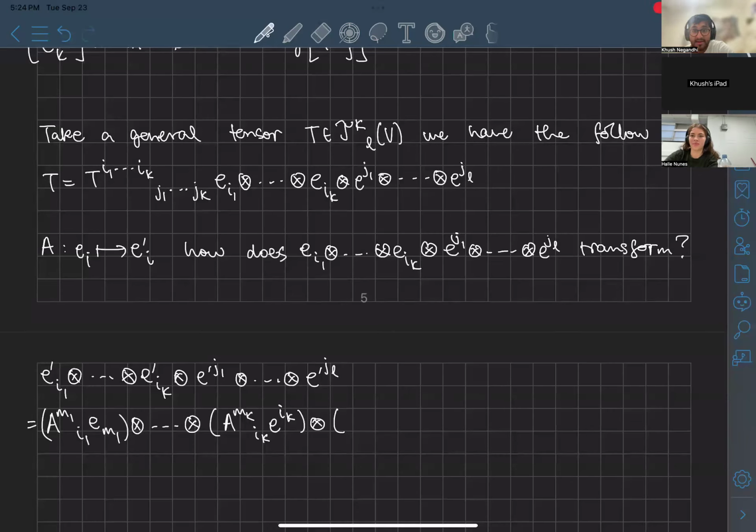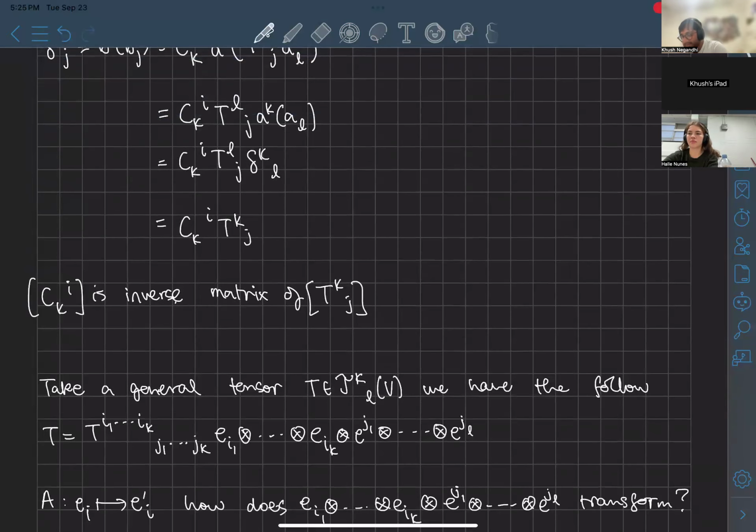Okay, then here I know that this has to transform by the inverse matrix. So this is the inverse of A, (A^{-1})^{j1}_{n1} e^{n1} tensored and all the way up to (A^{-1})^{jl}_{nl} e^{nl}.